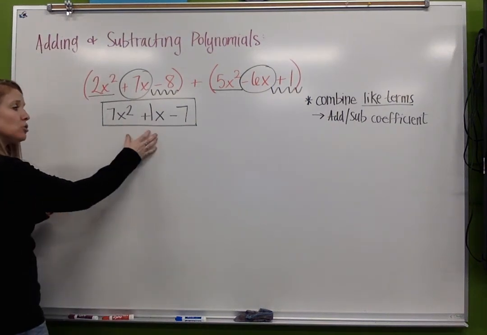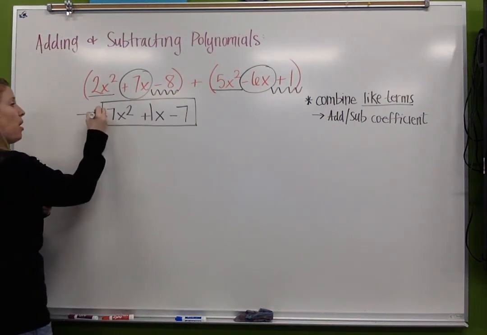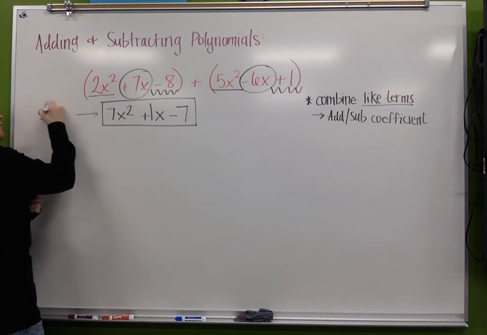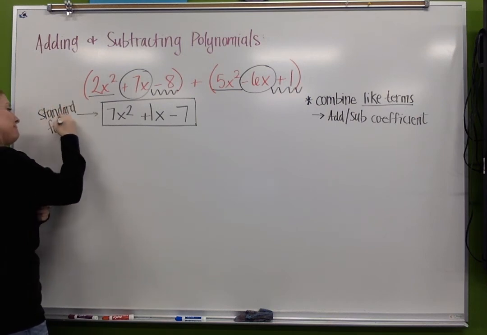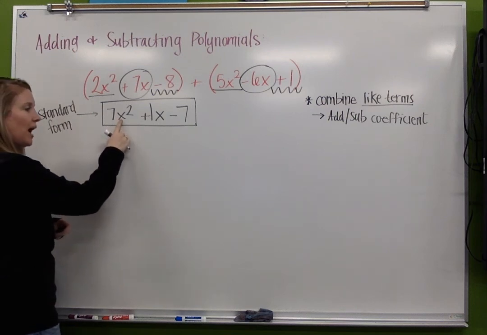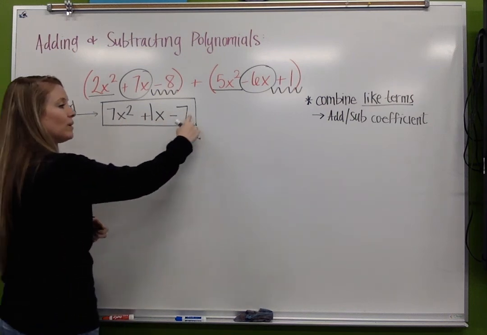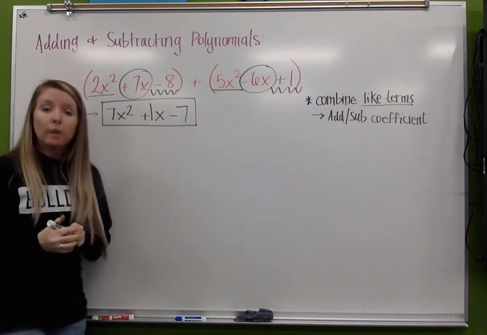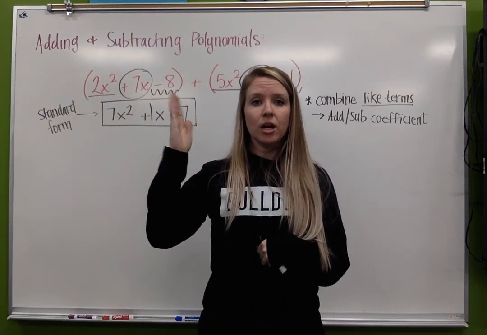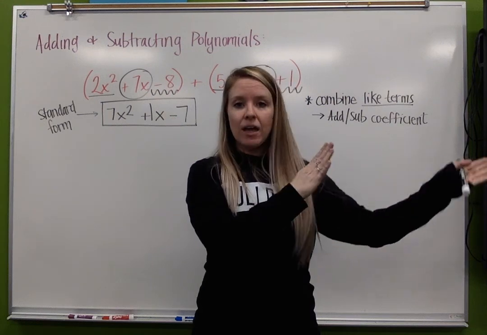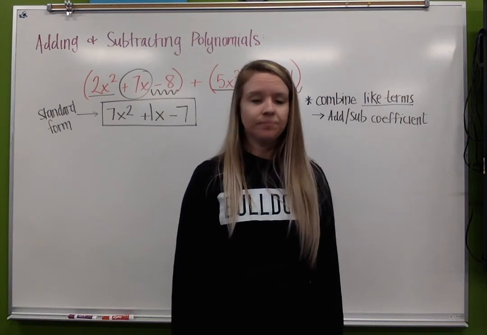Okay? Cool little story here. This polynomial is in standard form. Standard form means we start with the highest power and then go in descending order. We want to write our polynomials in standard form, starting with the highest power and then going in descending order.